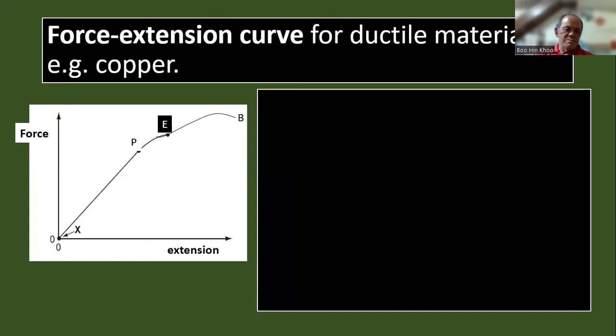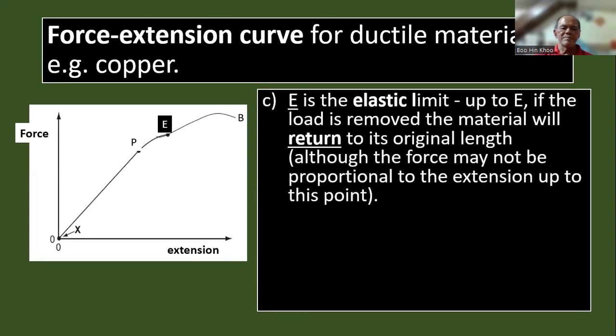And we're going to say another point, E, is called the elastic limit. It's just a point after the proportional limit. If the load is removed and the material returns, so that means from origin to E, where we add the load, add the force.